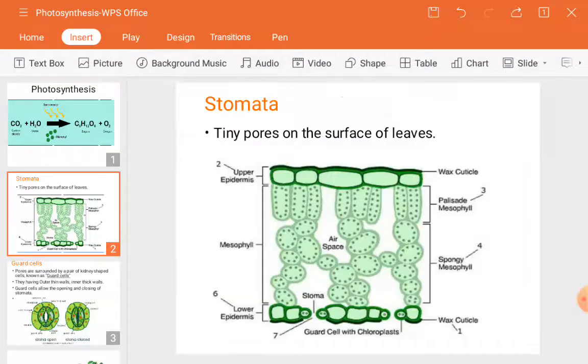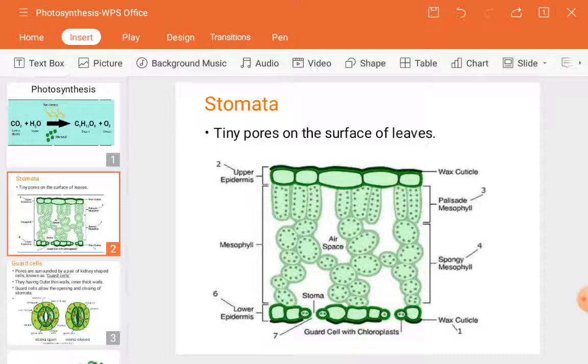In the next slide you can see the two specialized cells I told you are present in the leaves: the stomatal cells and the guard cells. Stomata are tiny pores on the surface of the leaves, small hole-like structures present on the leaf.